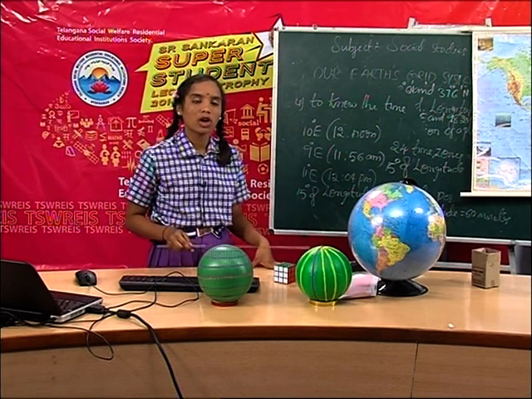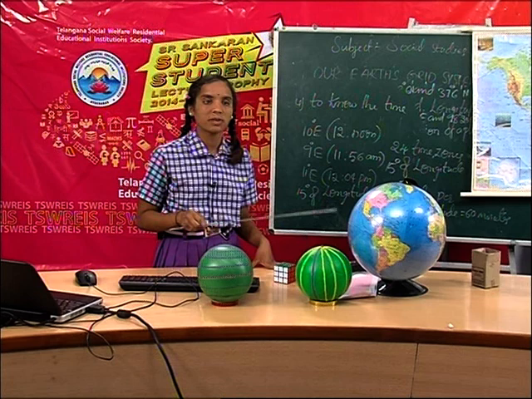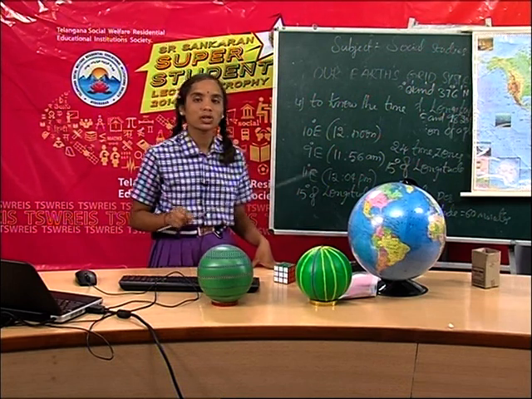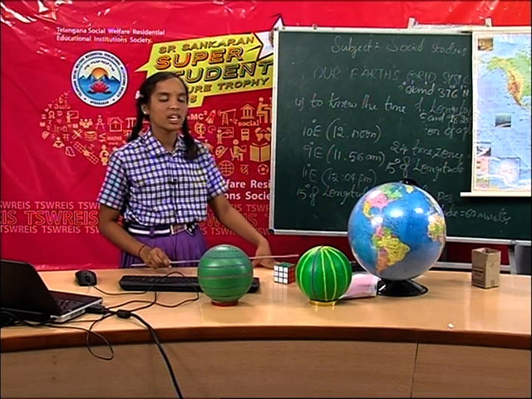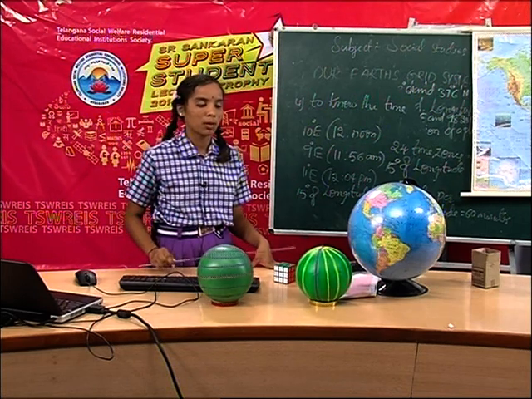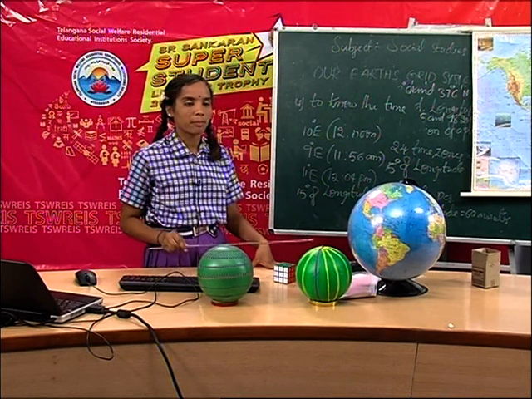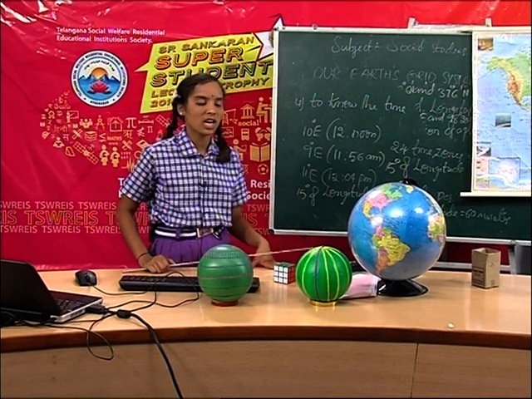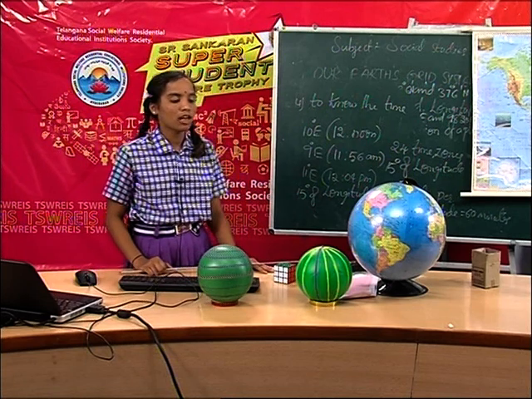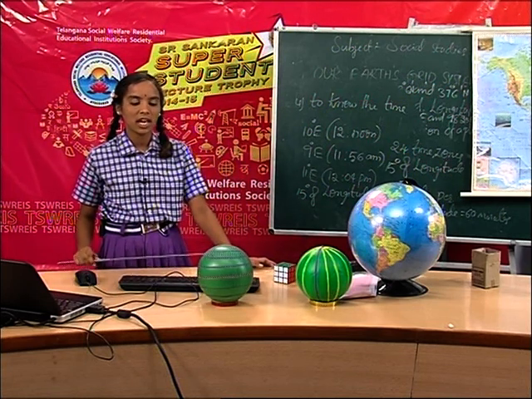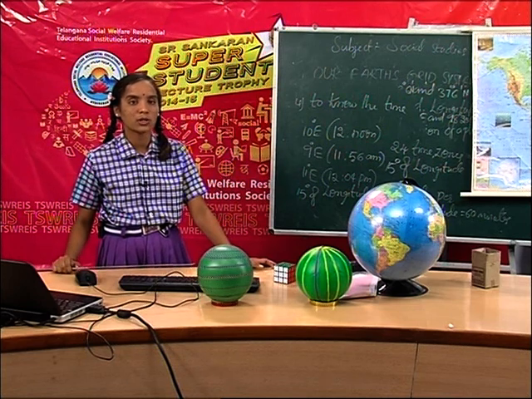The longitudes in the eastern hemisphere are designated with the direction E, and the longitudes in the western hemisphere are designated with the direction W. And friends, we have learned that for the 0-degree prime meridian, there is no designation whether it is E or W, and similarly for the 0-degree latitude also.